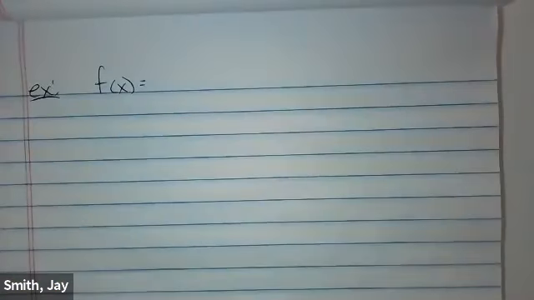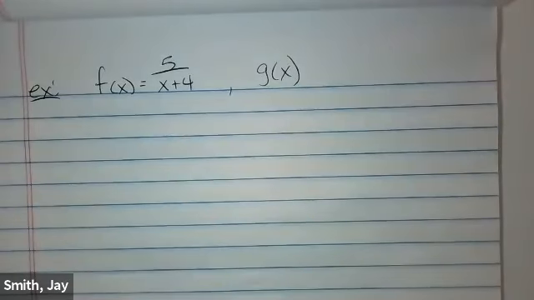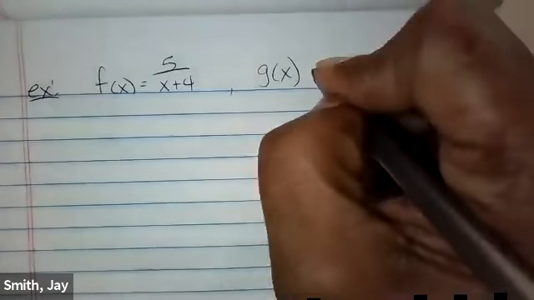The last example, given two functions f of x and g of x. This time f of x is equal to 5 over x plus 4, where g of x is equal to 2 over x.